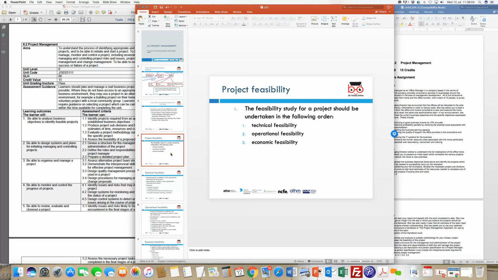Some of the subsections that we look at: when we look at initiation, before you start the process of initiation, you look at the feasibility of the project. And feasibility is nothing but trying to understand whether this is something which is possible or not. Even after putting in time, effort, money, and resources, will this project be feasible?